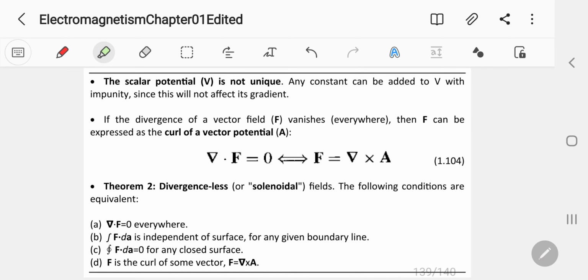The scalar potential V is not unique. You can add any constant, and it doesn't affect the gradient, because the gradient of a constant is always 0.